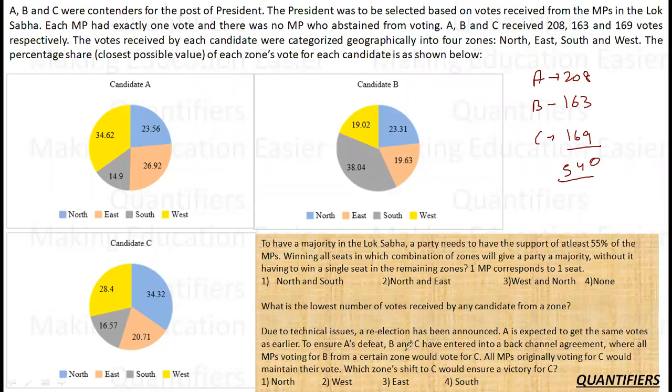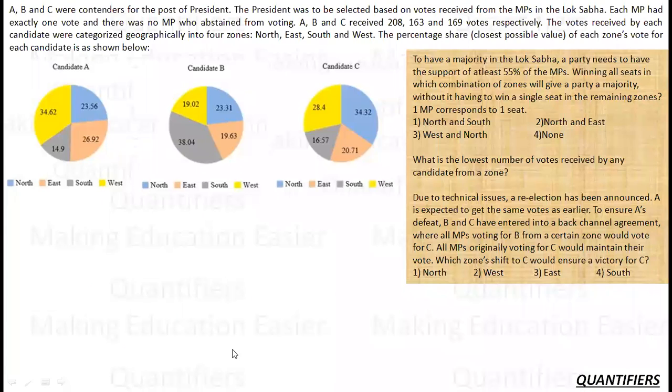So pretty straightforward thing. But the only thing that I need to calculate first is the share of each candidate from each of the sections, north, east, south and west. So let me write what I have. A and B and C. So these are the three people running an election.